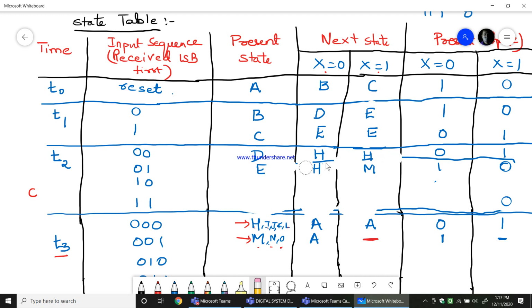At T2 we will have only two states, D to H, and at x equals 1, E to H and M, what we get.